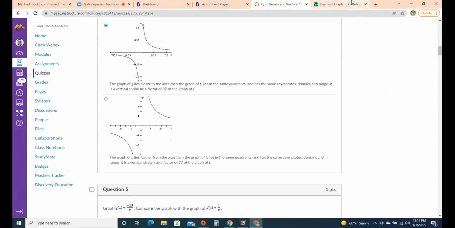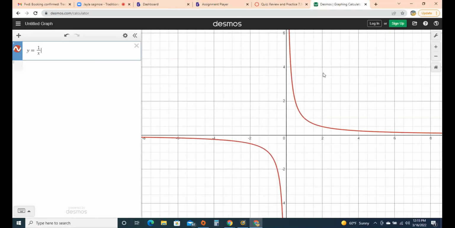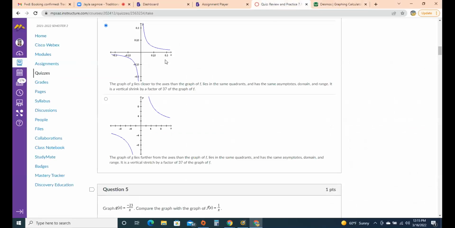Right. Okay, so now let's go back to Desmos, and in the second line there, graph y equals 37 divided by x. Now, where is it relative to the original graph? You can see it's further out.